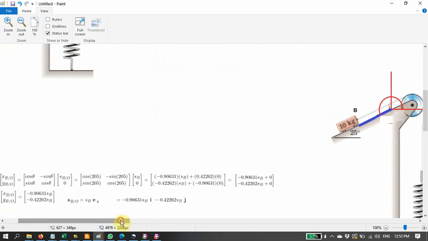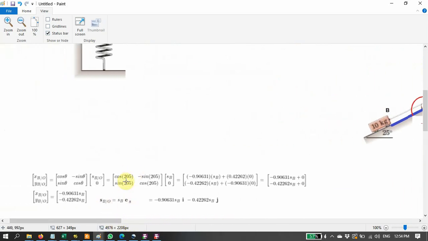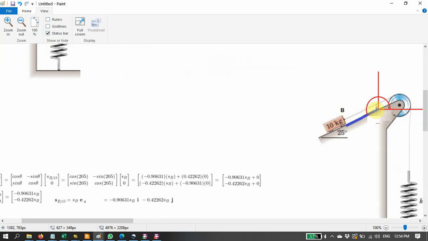So here, the angle for conversion, to convert the distance traveled into x and y, because we want to calculate the potential energy changes and the work done on the body by weight, for example, and by the external forces. So the angle will be 205. We have 25 degrees here, by the law for the triangle, for the parallel lines. So we have 180 plus 25, which is 205, and the distance traveled by this 10 kilogram cart is sB.